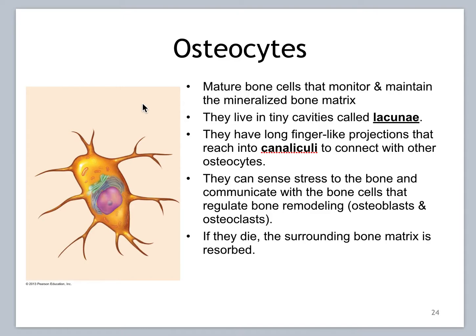If they die, the bone matrix surrounding them is reabsorbed. So the osteoblasts are the immature form of the cell that secrete the bone matrix. Once the bone matrix has been secreted, those osteoblasts get caught up in the bone matrix, and they become osteocytes.